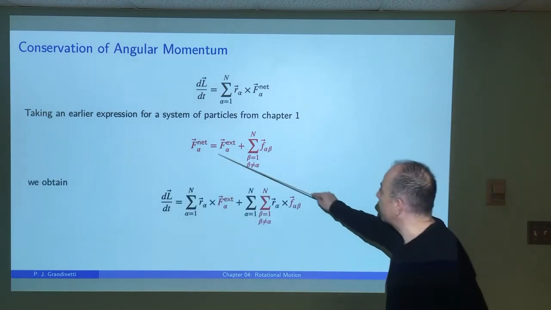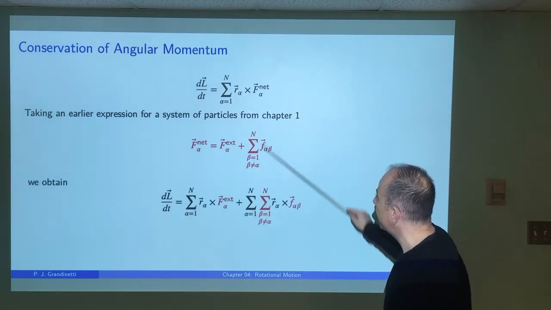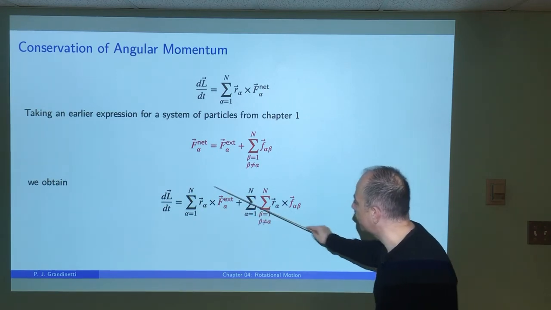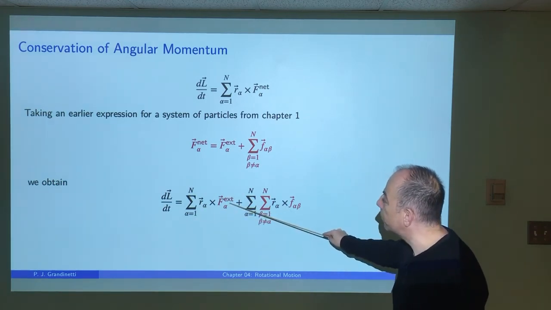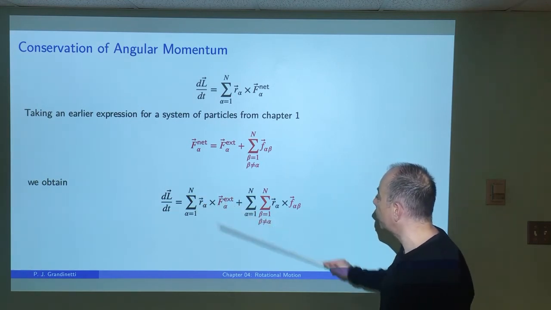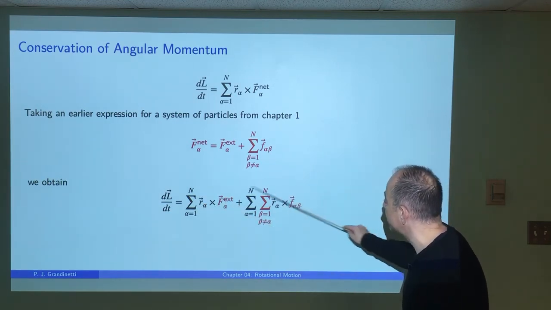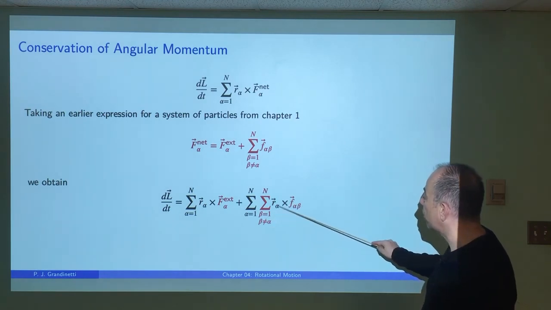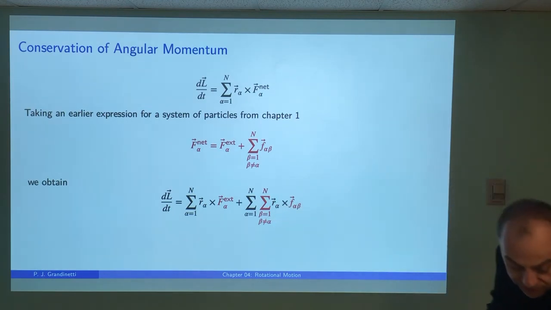If we take that expression and we plug it into this expression, then this becomes two terms. The first term involves just the external forces on the alpha particle, so it's the sum of r cross f external. And then this becomes this double sum, which involves r cross all the internal forces.